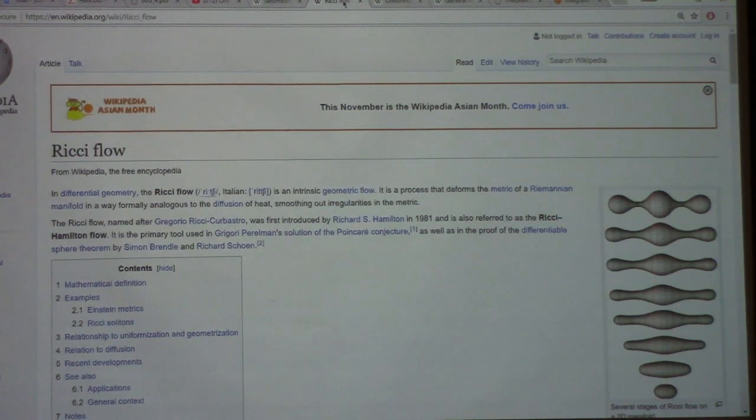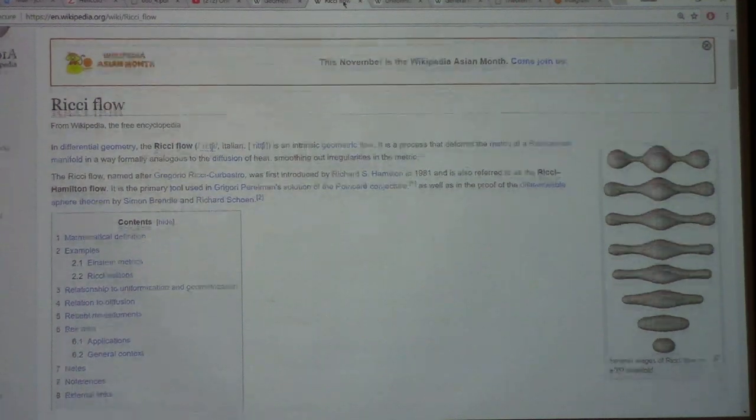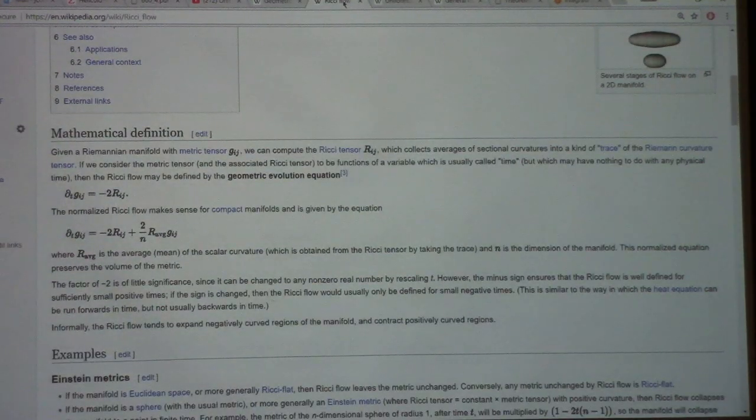Let me just skip ahead here and try to explain what the idea of the Ricci flow is. Here are the equations of it. The Ricci flow is a geometric evolution equation. It's something like partial t g_ij is equal to minus 2 times the Ricci tensor. This is the metric, and you're not looking at one metric. So the idea is something like this.